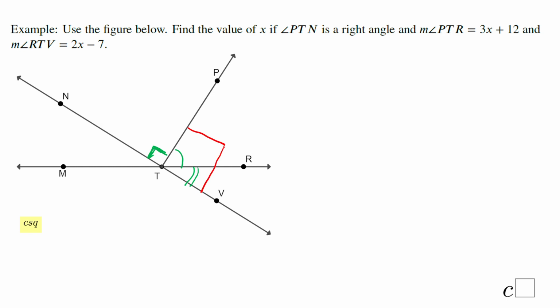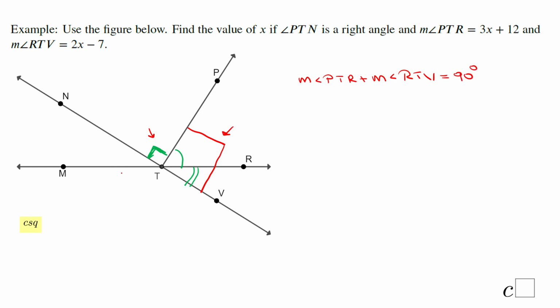I'm going to make this big box one. And why do we get that? Because these two angles form a line, a linear pair, and this is 90. This one is going to be 90. So that's the thing I'm going to start with here. I'm going to say the measure of angle PTR plus the measure of angle RTV is 90 degrees. I can write this statement.